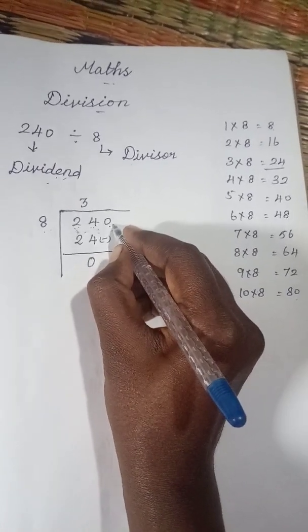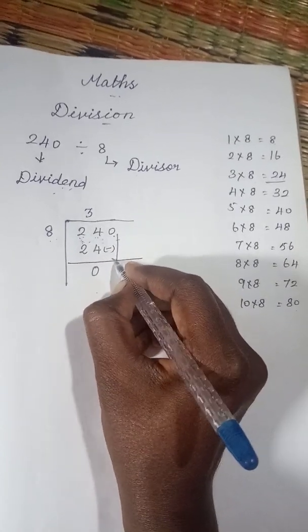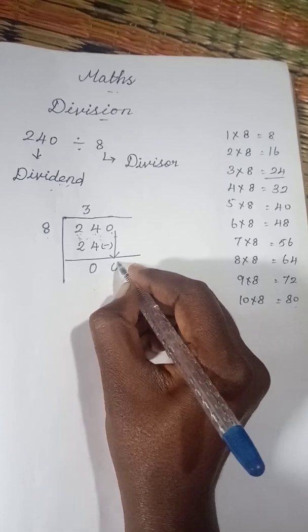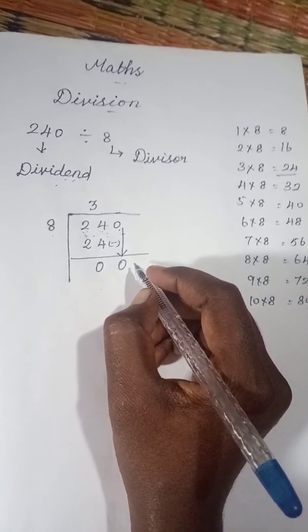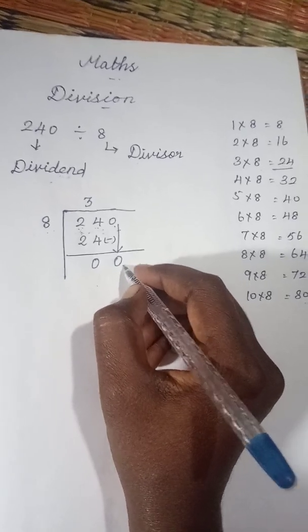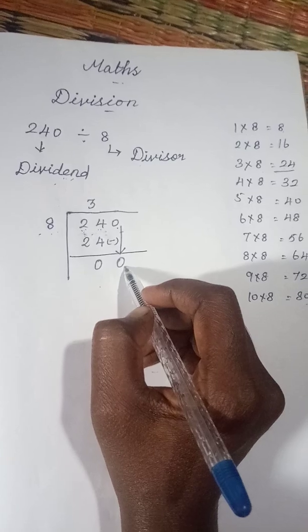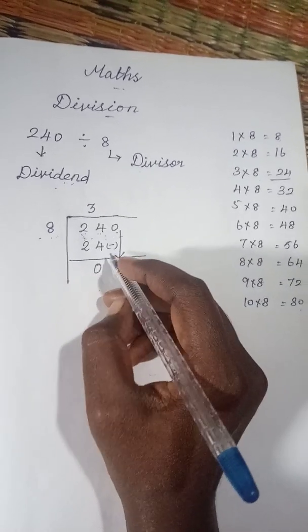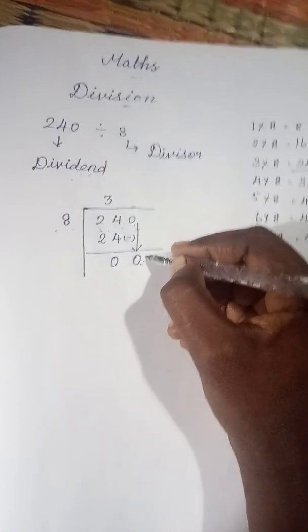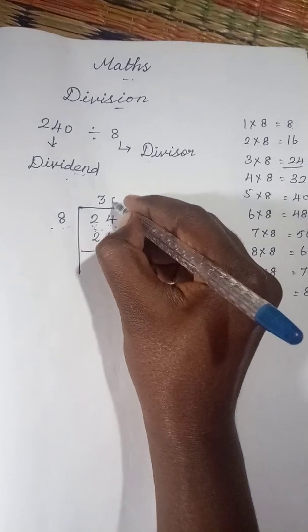Again, the next number, which was in the ones place, comes down: 0. Does this 0 have any value here? We can't divide 0 by 8, so we write the 0 on the top, next to 3.